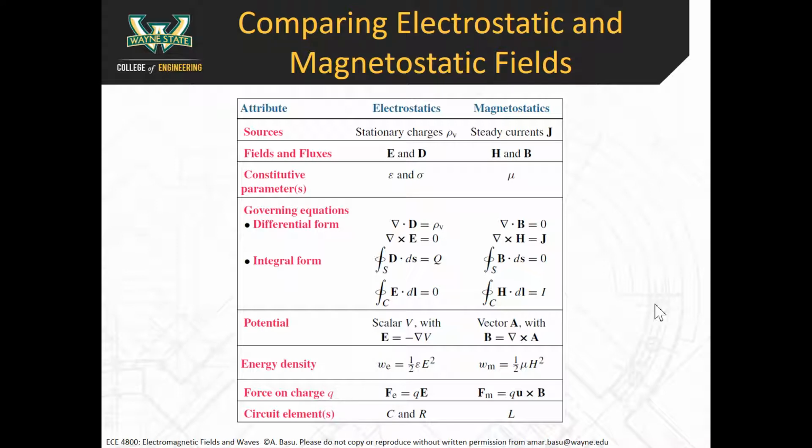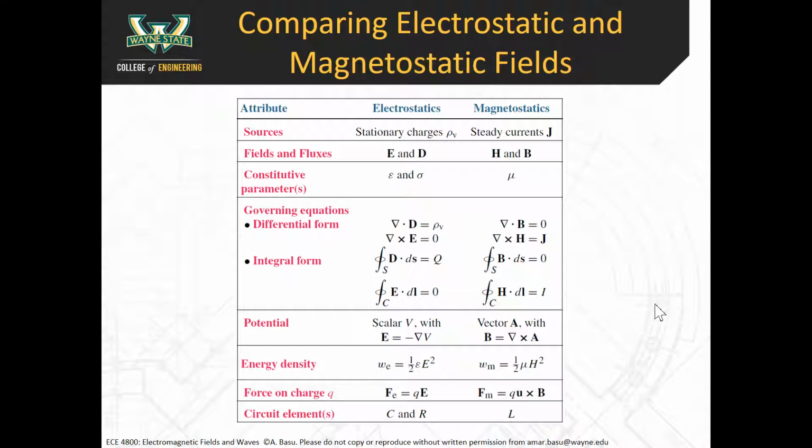Materials like iron, the ferromagnetic materials, have a high magnetic permeability. And most other materials have magnetic permeabilities just equal to mu naught. Just like we have epsilon naught and epsilon r, we have mu naught and mu r. We'll get more into that later.